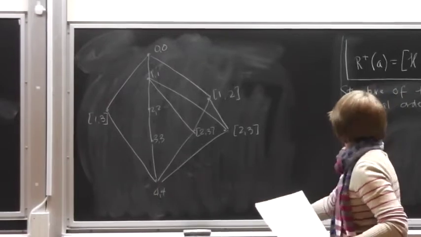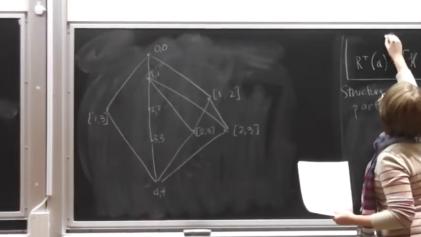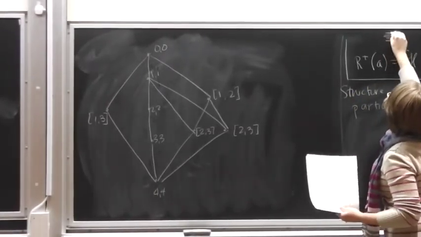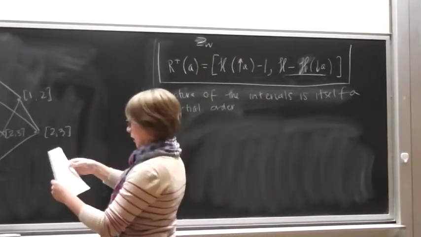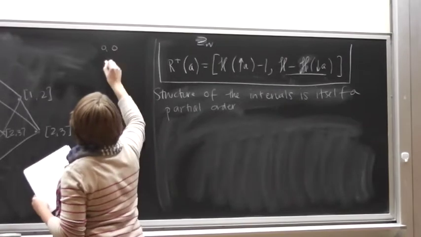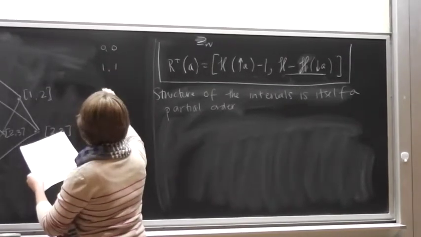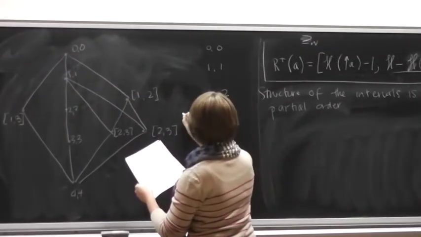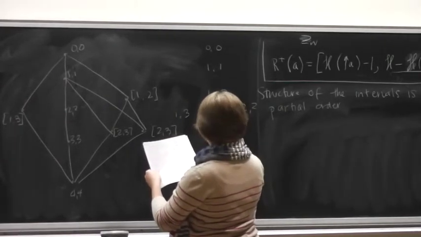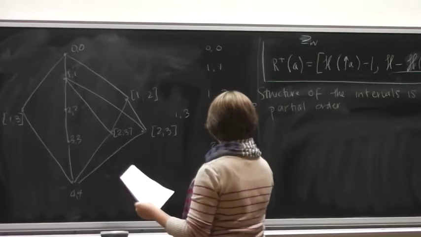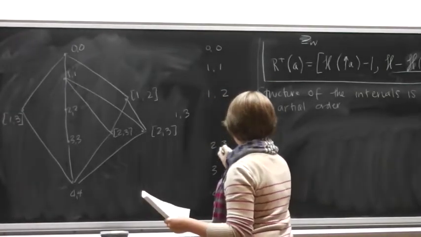And again, because this is for the weak order, we're going to order these with the weak order. And we end up getting 0, 0, 1, 1, 1, 2, 1, 3, 2, 2, 2, 3, 3, 3, and 4, 4.